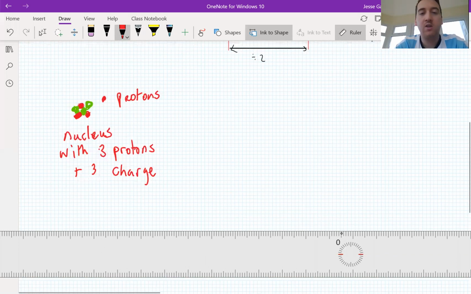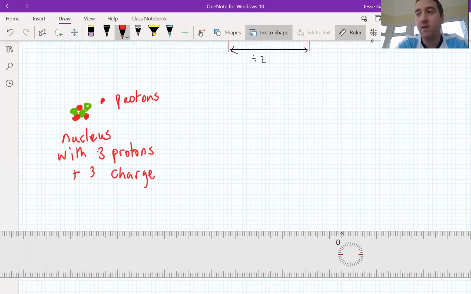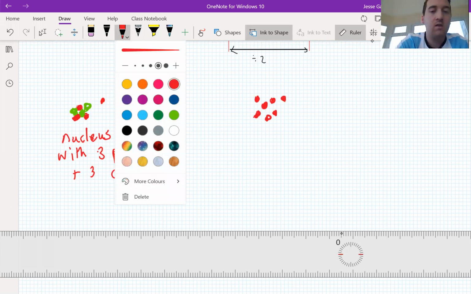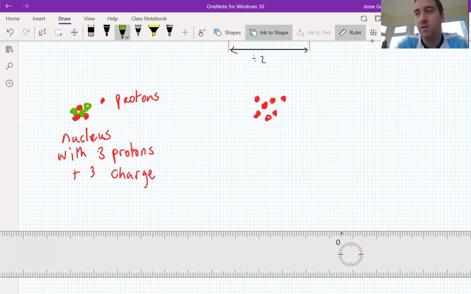Say we compare that to another nucleus. Say we compare it to this nucleus, which is a nucleus with 7 protons, not electrons, apologies. And it happens to have 7 neutrons as well, which are shown in green.